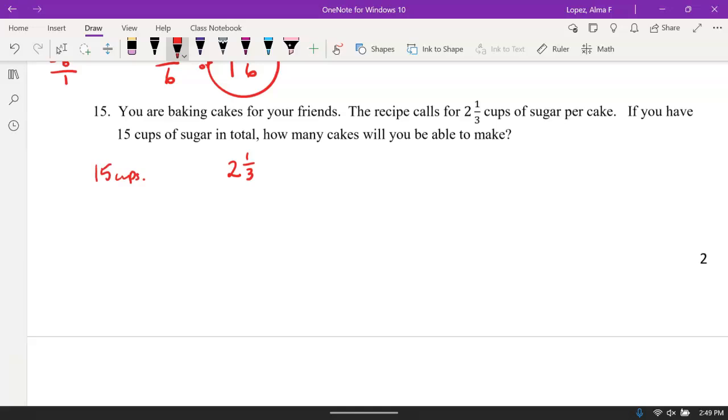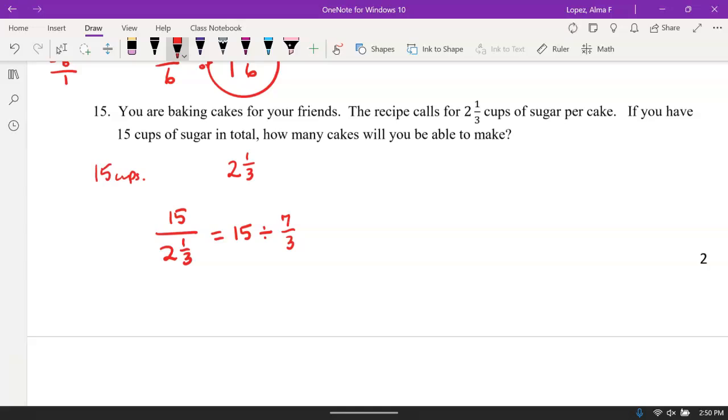So that I can figure out how many times I can make these cakes. So I'm going to divide the 15 by 2 1/3. I'm going to write it this way though, 15 divided by, and let's go ahead and make that into an improper fraction. 3 times 2 is 6 plus 1 is 7, so 7/3.